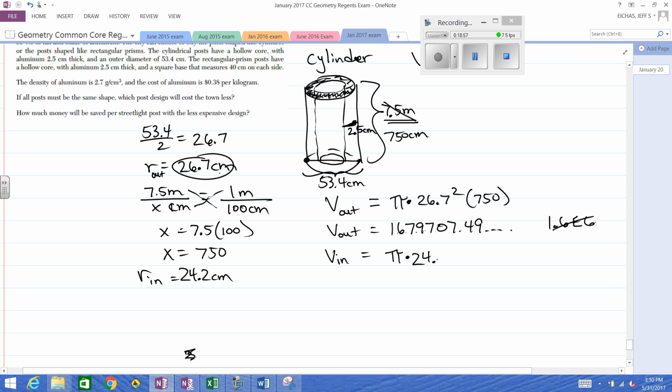So 24.2 squared, and then still the 750. That is going to be 1379881.7. Okay.